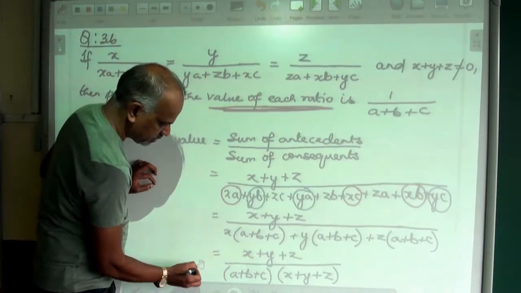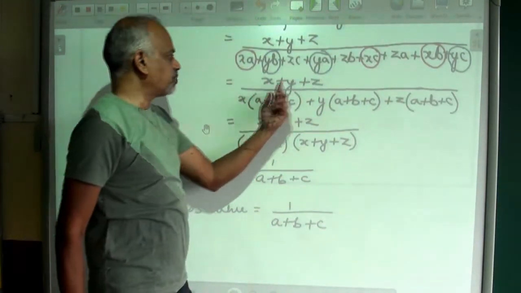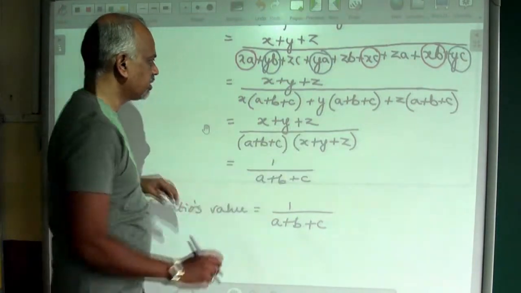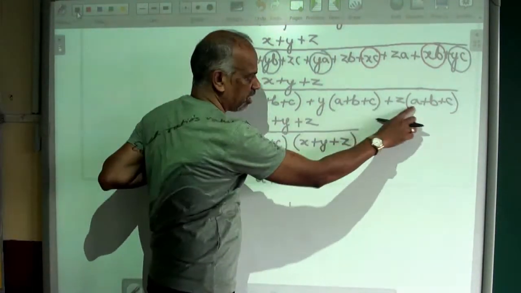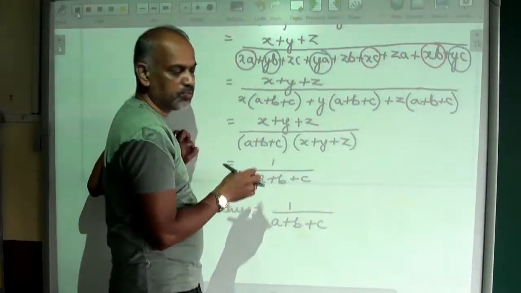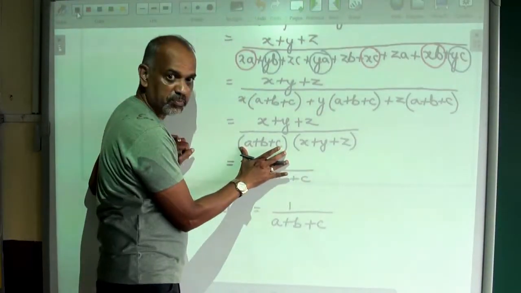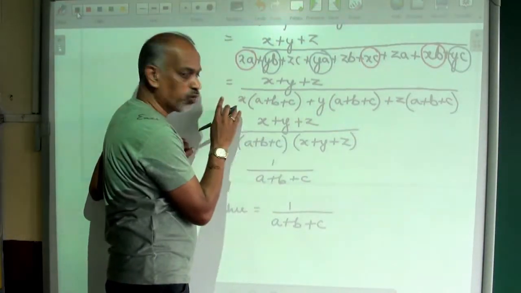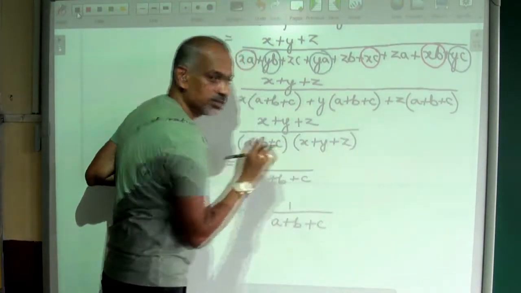Now, x plus y plus z remains the same. And then, from the denominator, you have a plus b plus c present in all the three terms. So that becomes common, so I have removed a plus b plus c. And now write whatever is left, that is x plus y plus z.